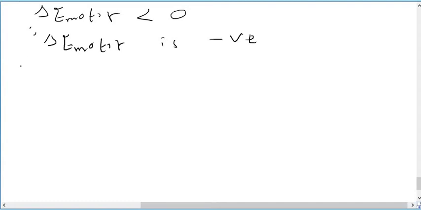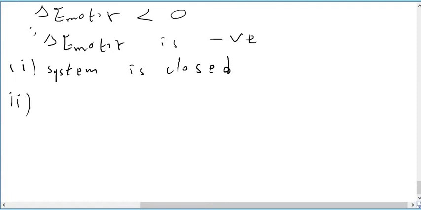So under (a), Roman 1, as we can see, the system is closed. Roman 2: since the battery is assumed to be part of the system, the change in energy of the system is less than 0.